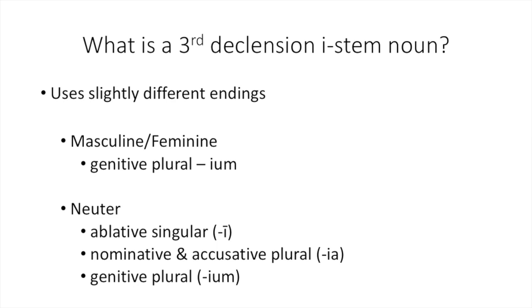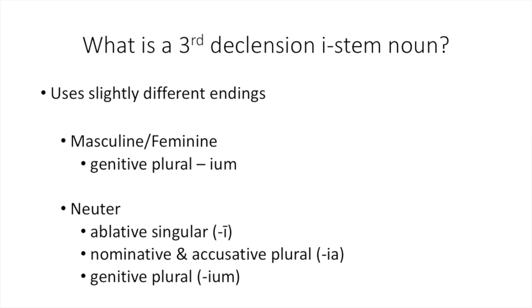For neuter third declension I-stem nouns, the ablative singular will be an I instead of an E, and the nominative and accusative plural will have an I before the A, ia. Then the genitive plural, just like the masculine and feminine, will be ium. So there's an I at the end of your stem for a few of your new endings. It's just a smaller group of nouns, and they function totally like every other noun. This video will introduce these endings to you and give you a bit of practice with them.